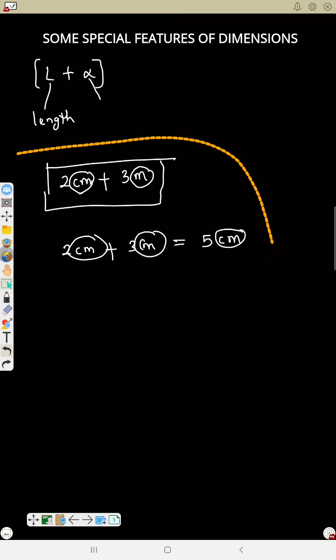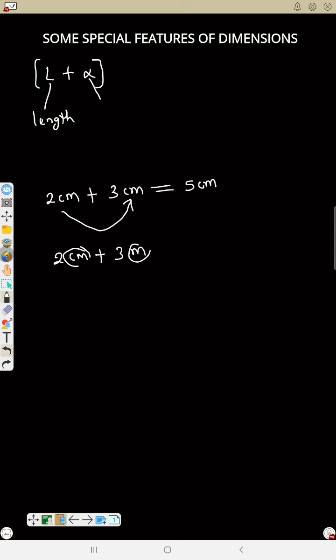So this is the same concept you want to use here. Before you can add any quantity together, they must have the same units. Just like 2 centimeter plus 3 centimeter gives 5 centimeter. If it is 2 centimeter plus 3 meter, they don't have the same units, so I cannot add them together.